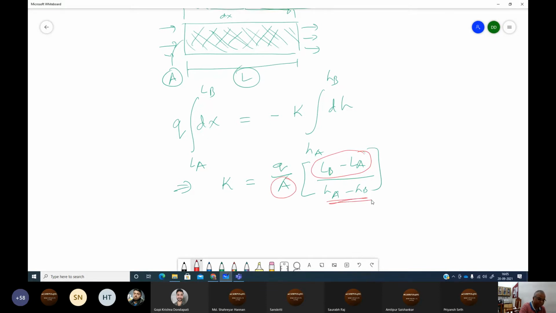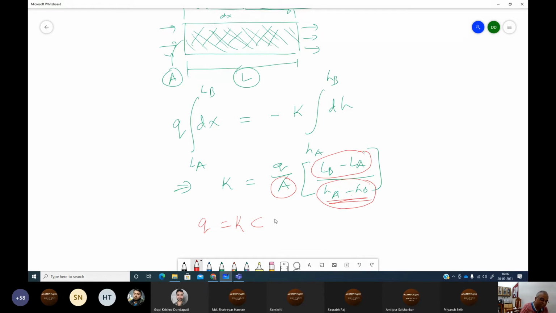This we vary. So what I can write now, you can see that Q is equal to some constant. So these all are constant, LB minus LA and A are constant. So if I take it this side, this is a constant K into HA minus HB.